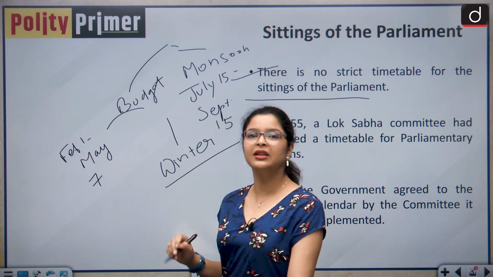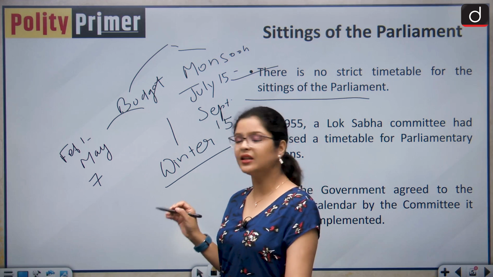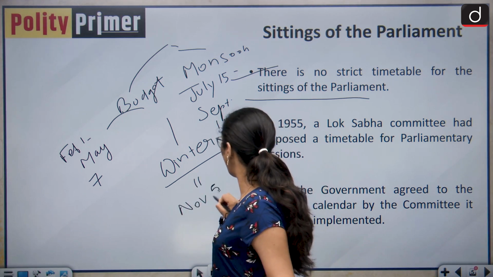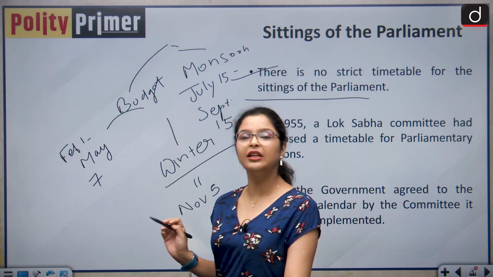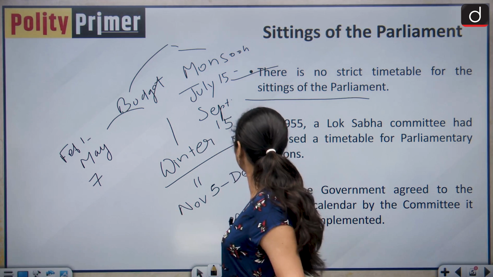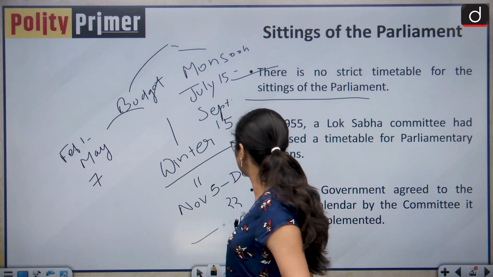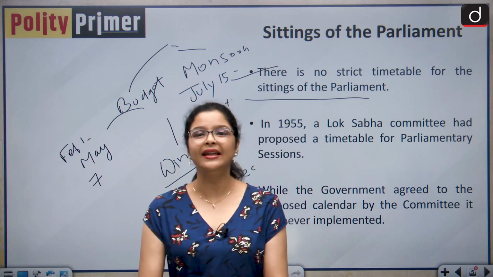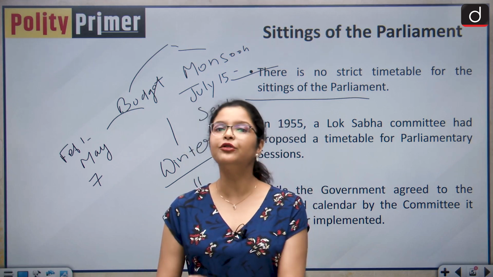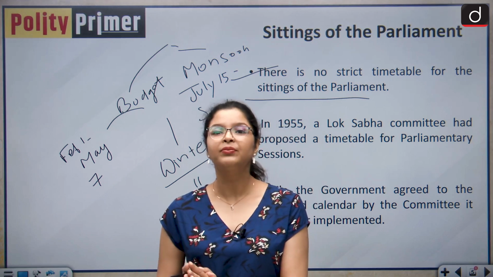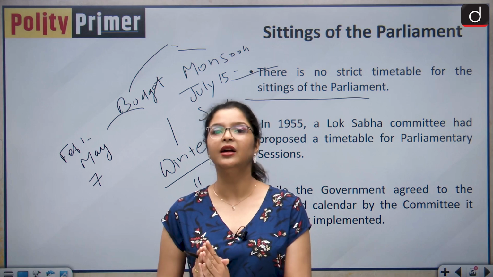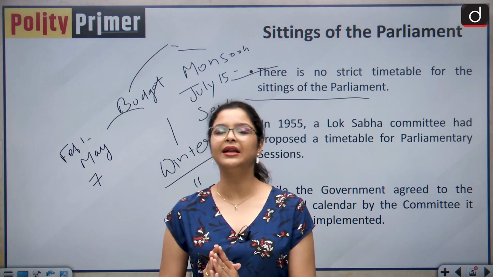For the winter session, it recommended conducting the session from November 5, or 4 days after the Diwali holidays, whichever is later, to December 22. These were the exact calendar dates recommended by this committee to the government. The government accepted them, but sadly, they have not been implemented as of now.